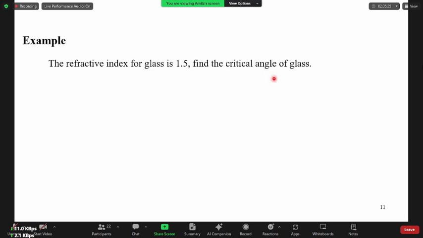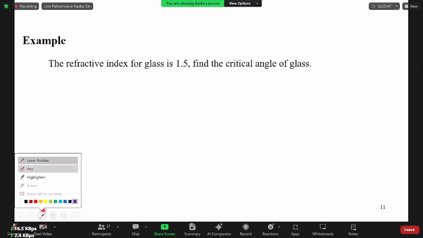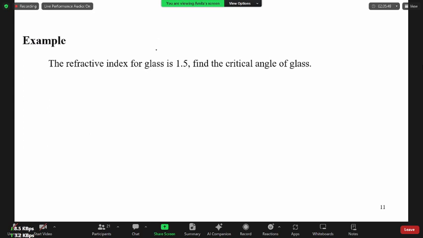Therefore, the light ray should start from the glass. The easiest, well-known refractive index medium is air, so we can consider light traveling from glass to air. Right?